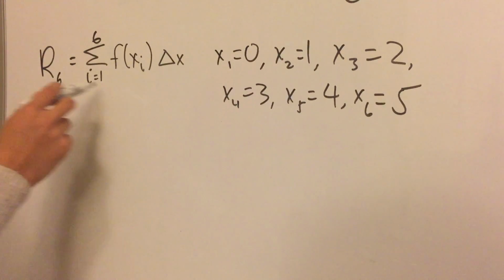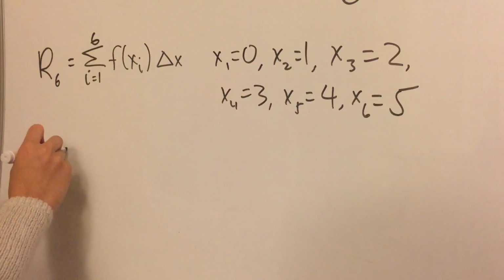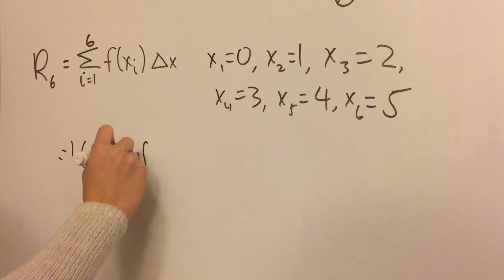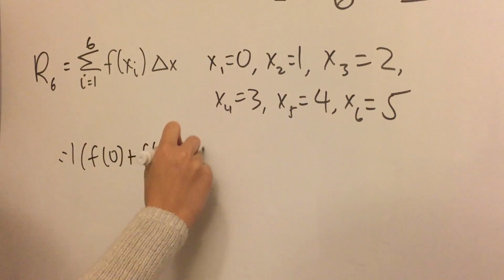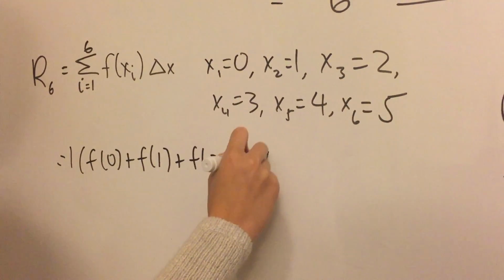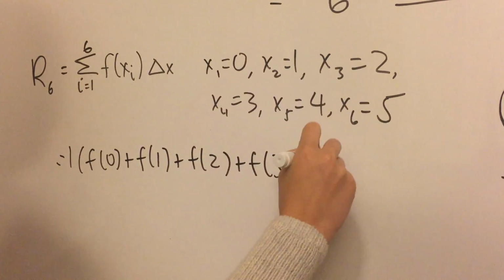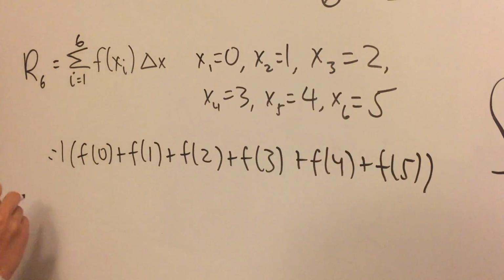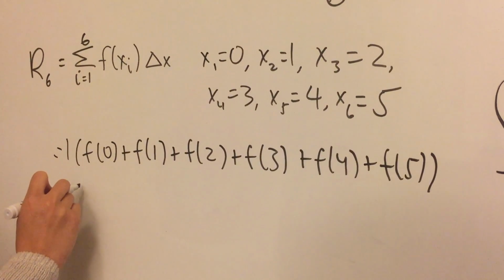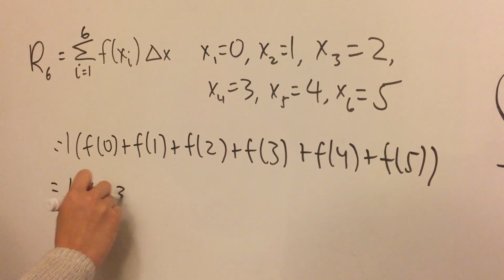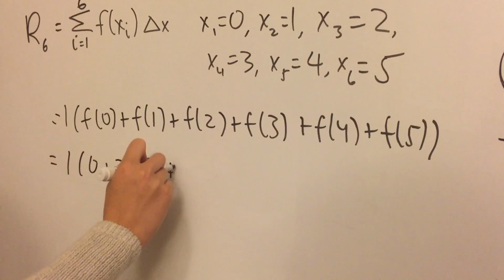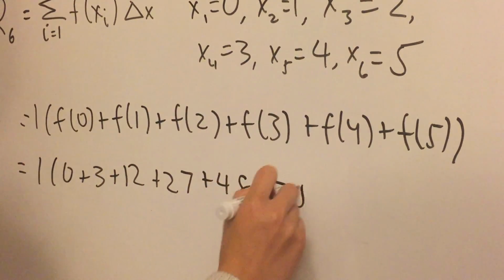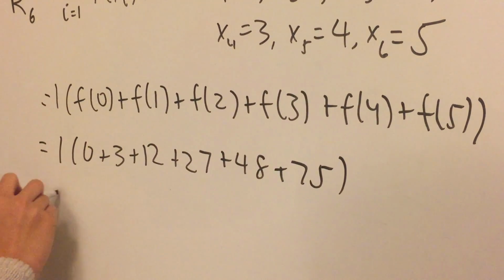Okay, so this is what r6 would equal, and in plugging things in, we get 1 times f of 0 plus f of 1 plus f of 2 plus f of 3 plus f of 4 plus f of 5. And then that would be 1 times 0 plus 3 plus 12 plus 27 plus 48 plus 75, and gives us a final answer of 165.